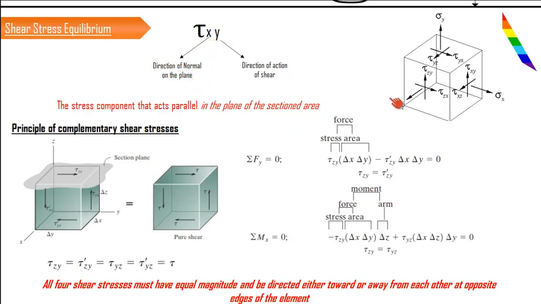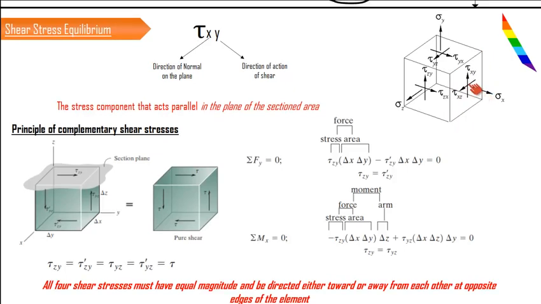If you consider this particular plane, then the normal on this plane is in the x direction. So all the shear stresses acting on this plane should have the first suffix as x. So you can see here x.